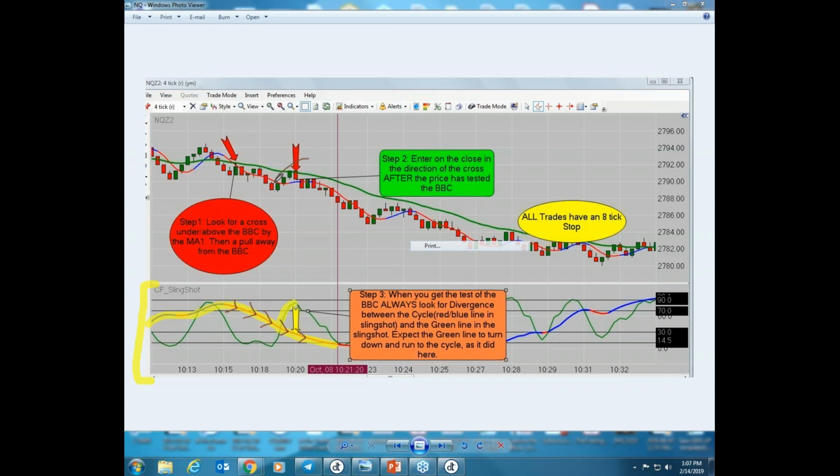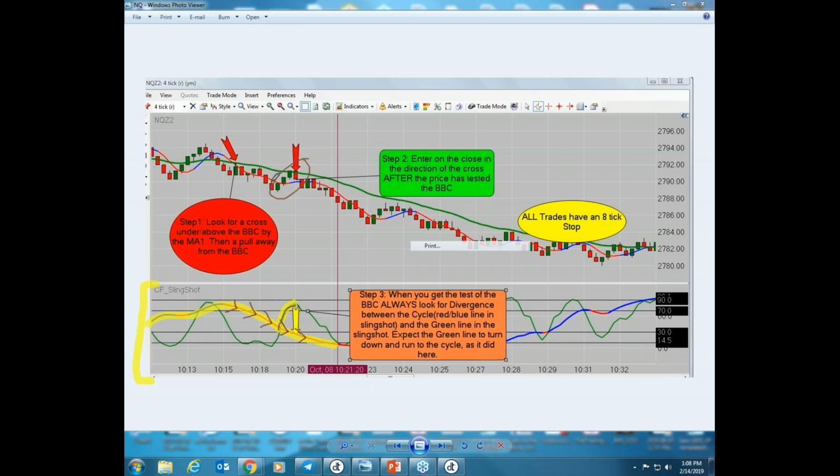This price action up here, with the green line pulling away like it's doing, what that is suggesting, the market's doing the normal thing, right? Pull back to the BBC and we get the down close. What it's suggesting there, with that price action up here combined with the slingshot, is that this is just an air pocket in this ongoing downtrend. That's what it's suggesting.